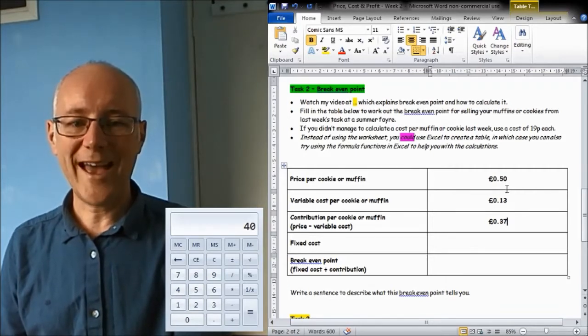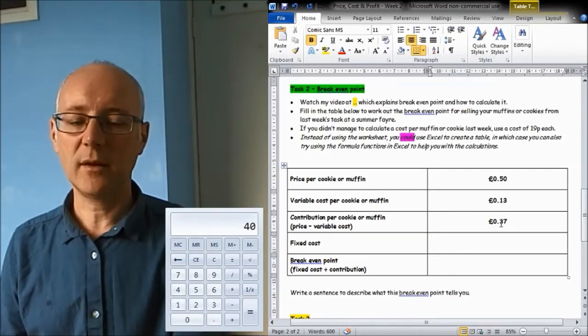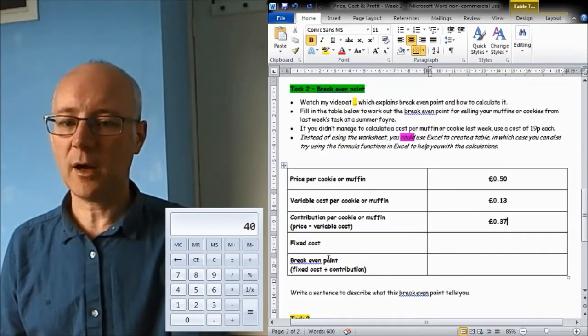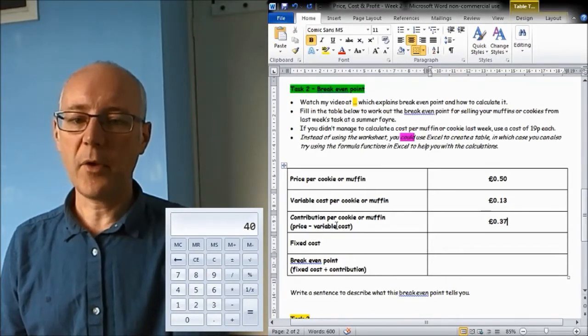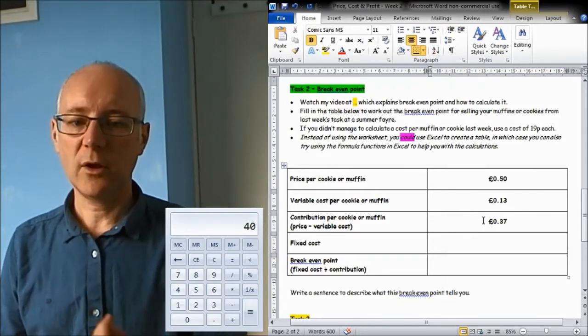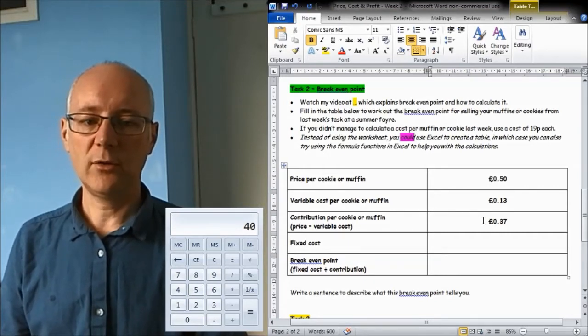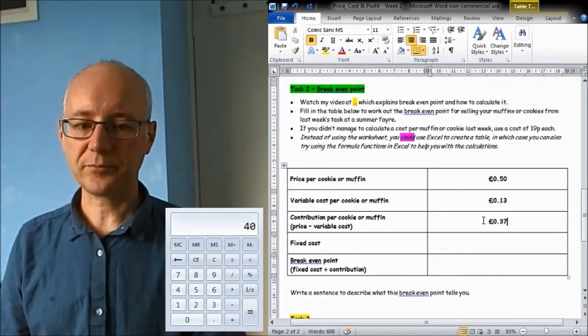So in other words, for every cookie that I manage to make and then sell, I'm getting 37 pence sort of profit, but it's not profit because we haven't counted our fixed cost in there. So we call that contribution, the amount of money that each cookie that I sell contributes to the money I end up with.